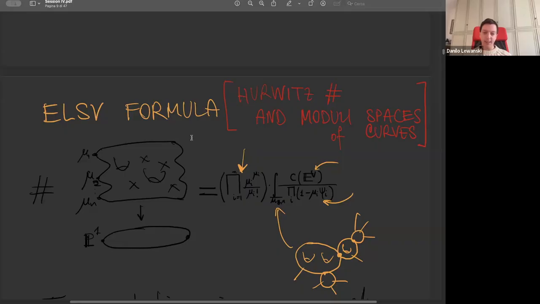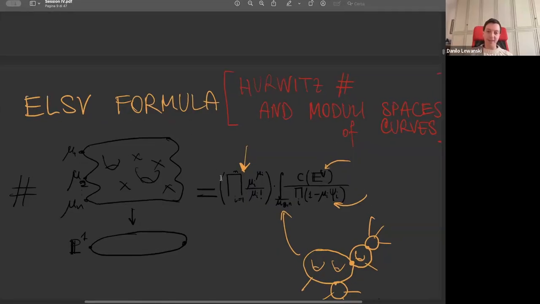And I find this ELSV formula a very nice application of the Givental-Teleman theory. But anyway, the formula has been proved in many ways that are very different from each other. That's my point. And we also have many other instances where you connect Hurwitz theory and the moduli space of curves. But let us have just a quick look at the actual formula, the basic one.